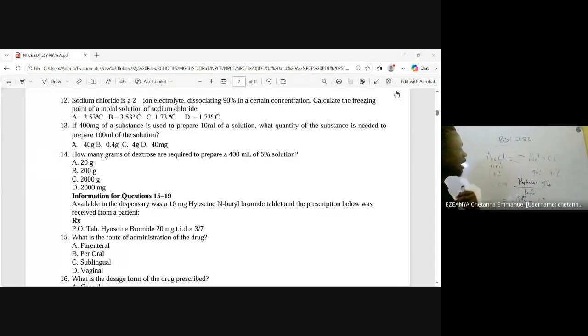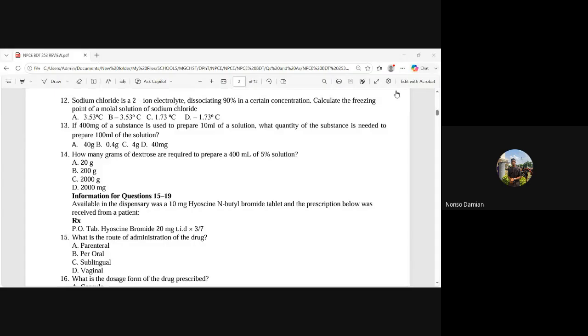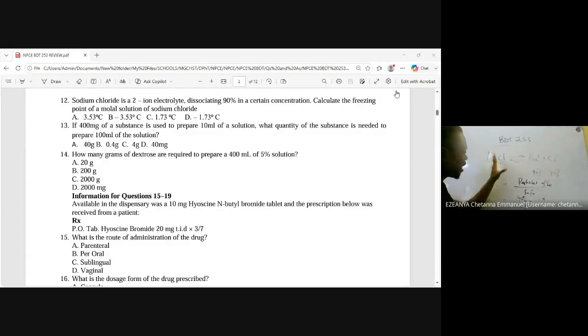Good. Now, when an electrolyte like sodium chloride is dissolved in water, it dissociates into sodium ion and chloride ion. Initially, the total particles there, you cannot say exactly the amount, we say just 100%, meaning it's complete.